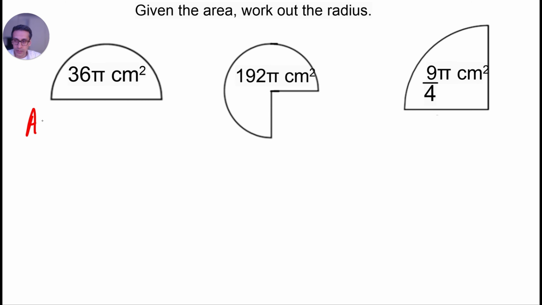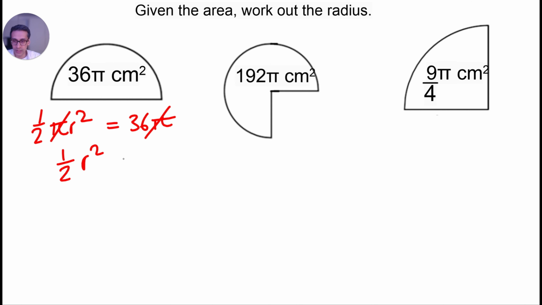We know that the area equals pi r squared, and in fact in this case it's half a circle, so we're going to say half pi r squared will give you 36 pi. We can now divide pi on both sides, and we get half r squared equals 36.